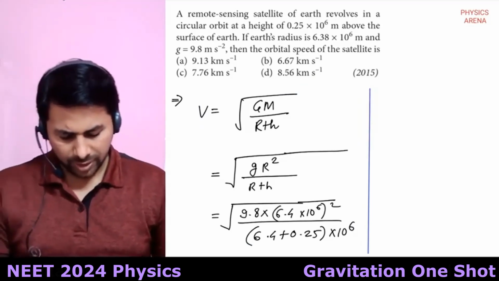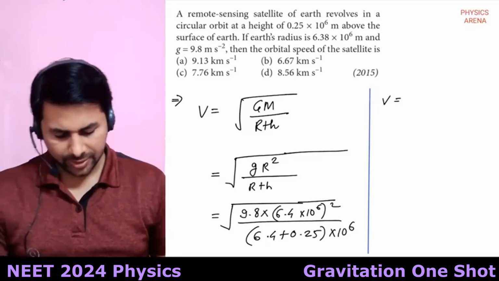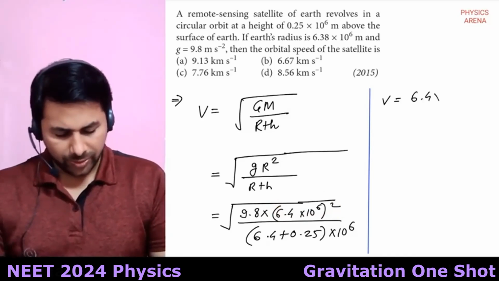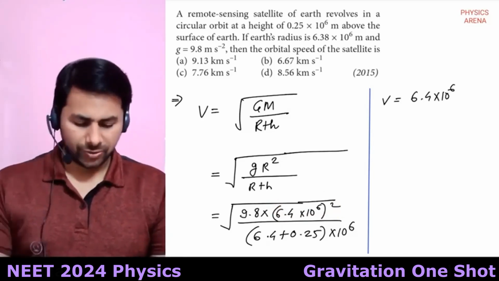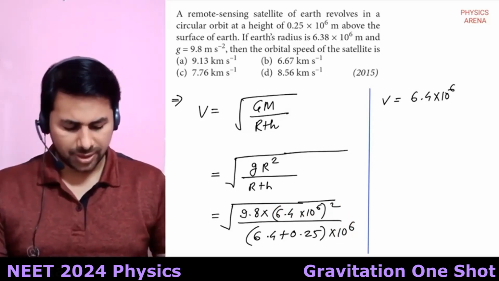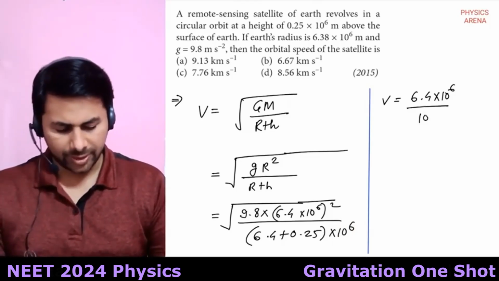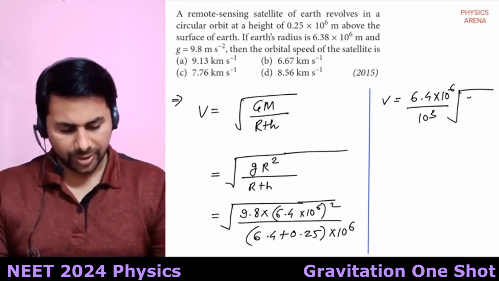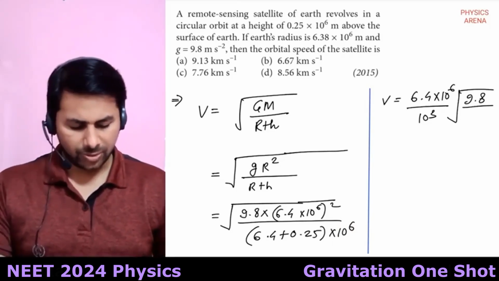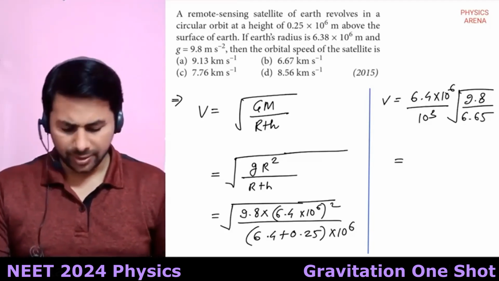Then square root of, all right, so v is equal to, we can take this thing outside, 6.4 into 10 raised to 6, because we have the square of that. And this thing is also 10 raised to 6, so we can take it outside. It will be 10 raised to 3 in the denominator, and then we are left with 9.8 upon 6.4 plus 0.25, so 6.65, right?